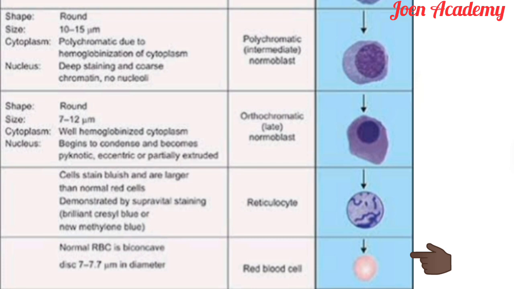Its diameter is now 7.2 micron. The matured red blood cell contains hemoglobin and lacks a nucleus. It is important we note that it takes up to 7 days for a red blood cell to develop and mature from proerythroblast, but it takes up to 5 days to get to the stage of reticulocyte and 2 more days to get to the stage of matured red blood cells.